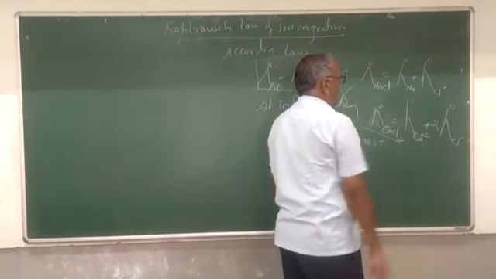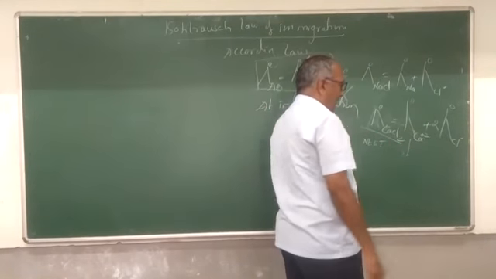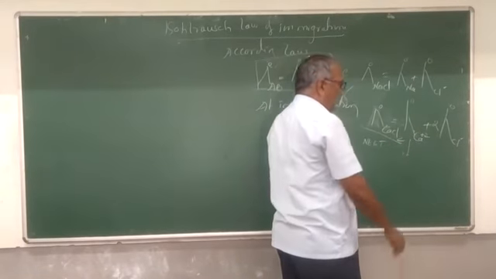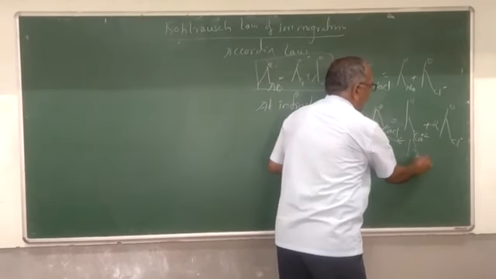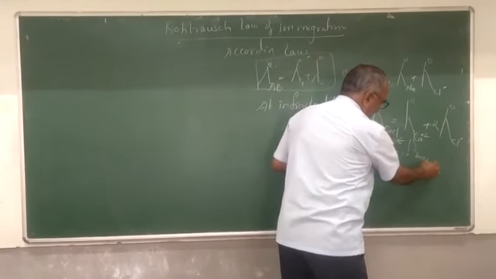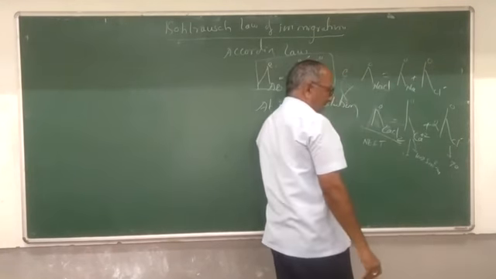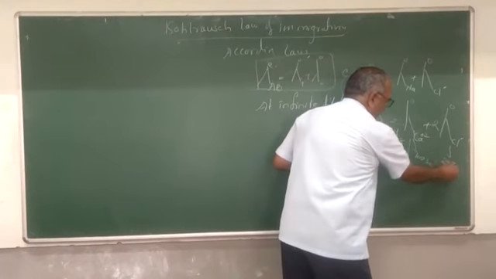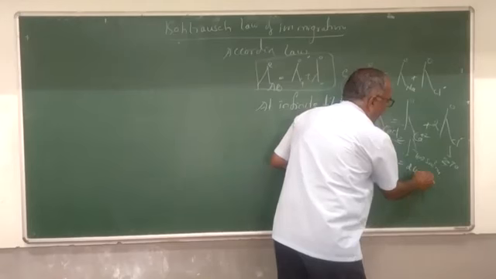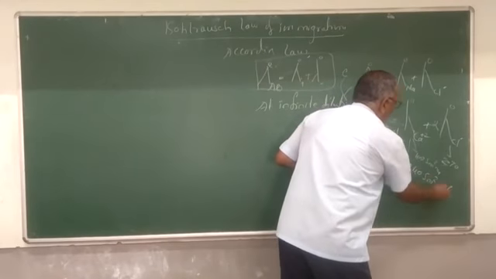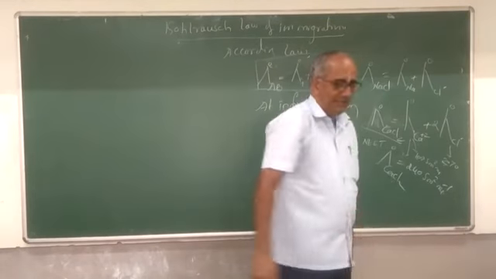Calculate the molar conductivity of calcium chloride, if the molar conductivity of the calcium ion is given and the molar conductivity of the chloride ion is given. Say it is 100 Siemens square meter per mole, and this is 70 Siemens square meter per mole. So multiply by 2 and then simplify. This is 140 plus 100, so that is 240 Siemens square meter per mole. This is the way of calculating the molar conductivity of calcium chloride.